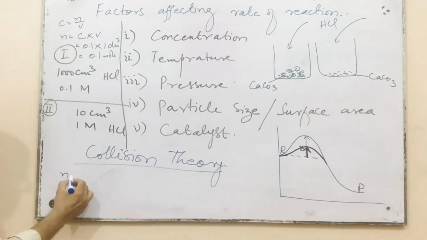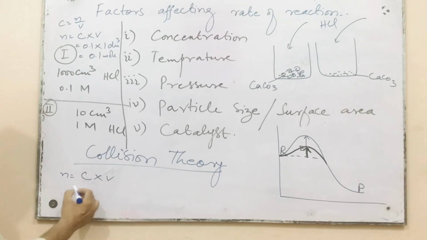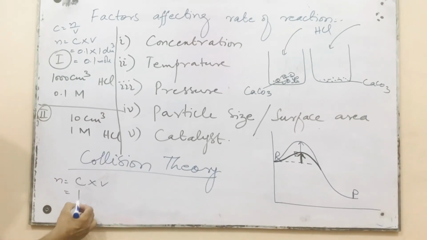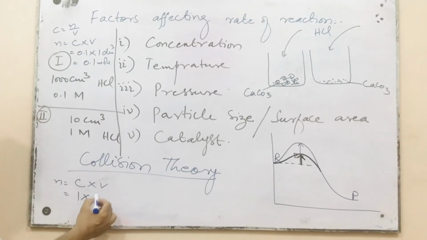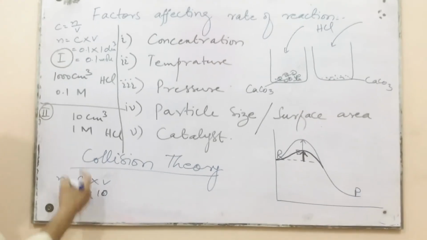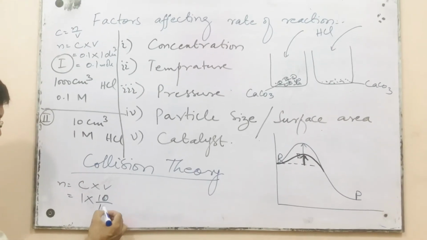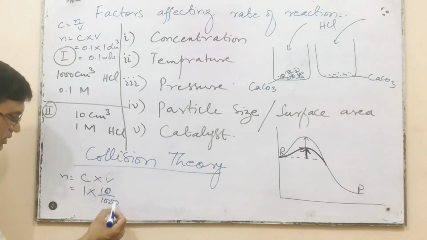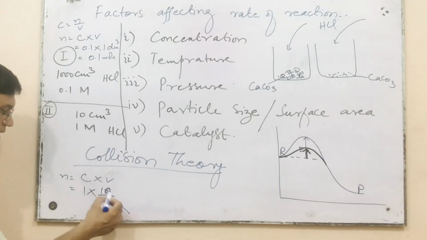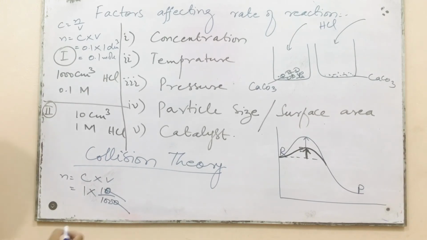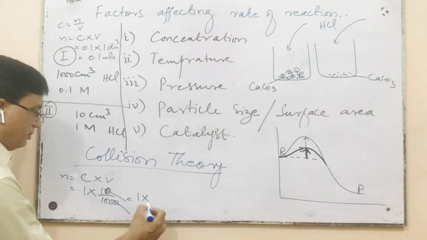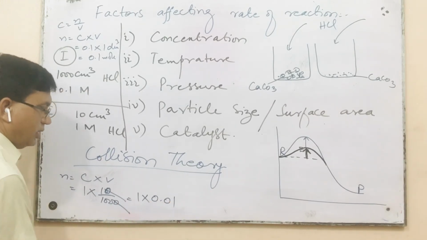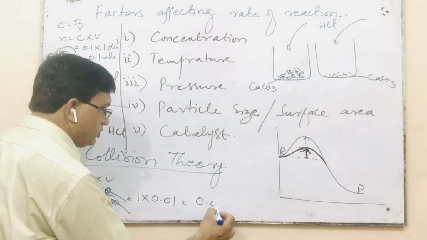N is equal to C into V. Concentration is 1 molar, and volume is 10 cm cube divided by 1000. What will be the answer? This 0 will be cancelled by this 0, and we will get the answer 1 multiplied by 0.01. The answer will be 0.01 mole.